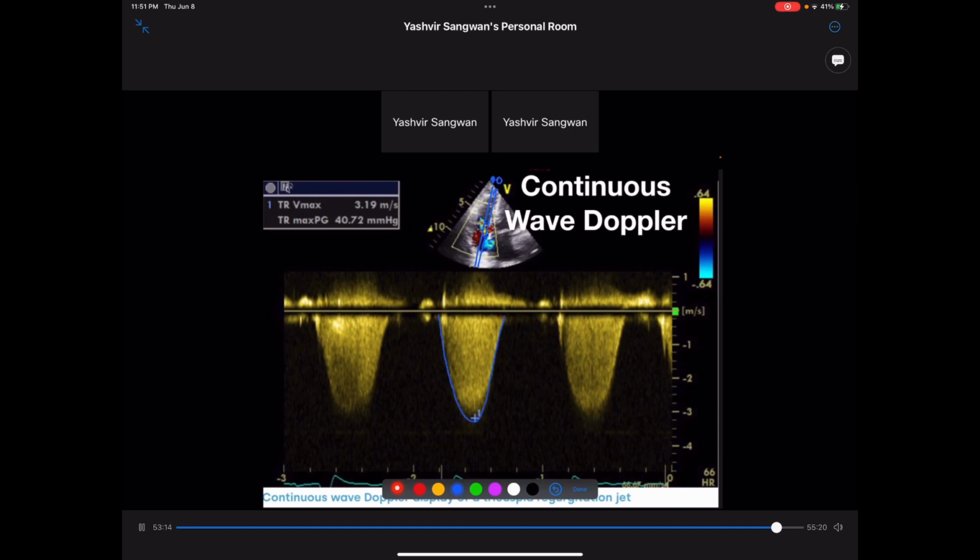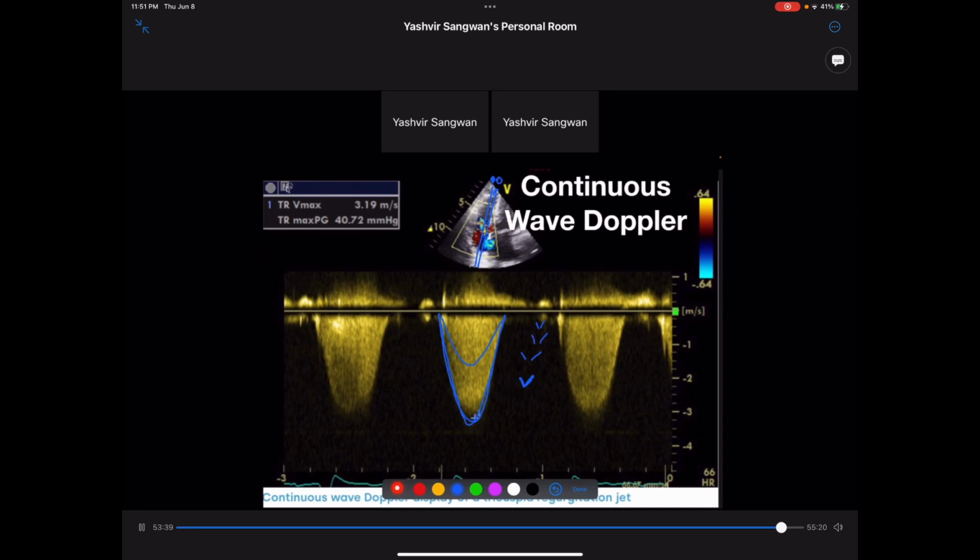So that means that if there are two valves in a row, one valve is open and one valve is stenotic, the velocity from the open valve is smaller, and the velocity from the stenotic valve is way higher. Or it could be the opposite. The stenotic valve could be first, the open valve later.